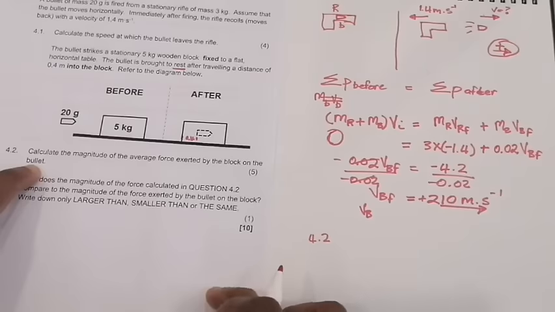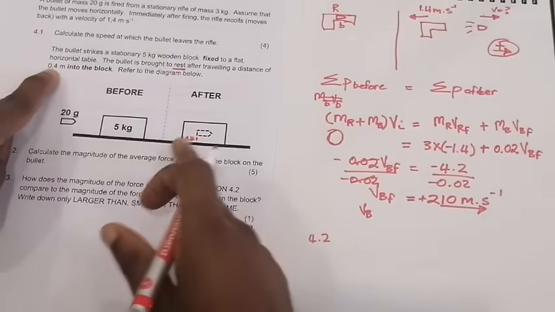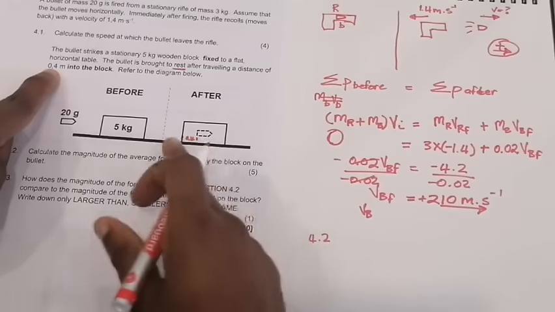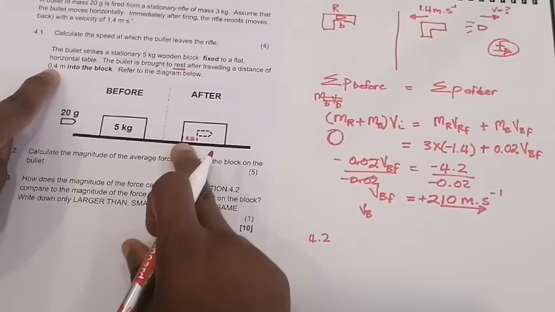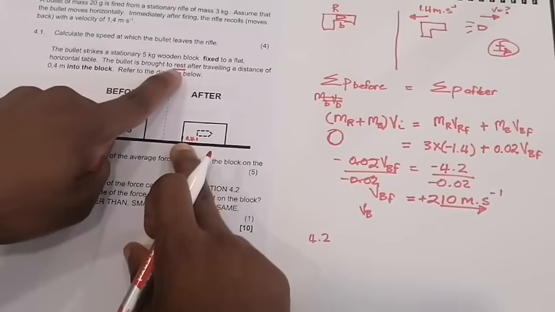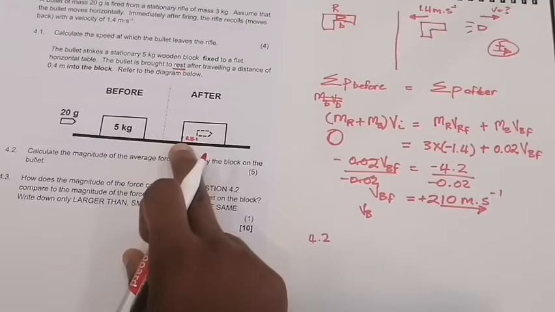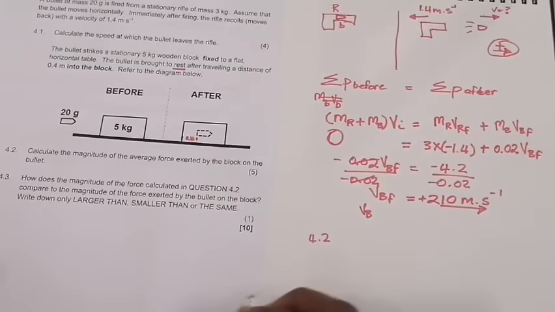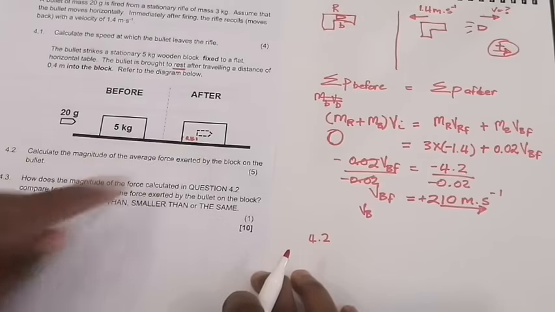Now they gave us a distance there. They said it actually stays for 0.4 meters into the block, and the bullet is brought to rest. Now, something very important that we need to note here: we seem to be given something about the bullet before and the bullet afterwards.